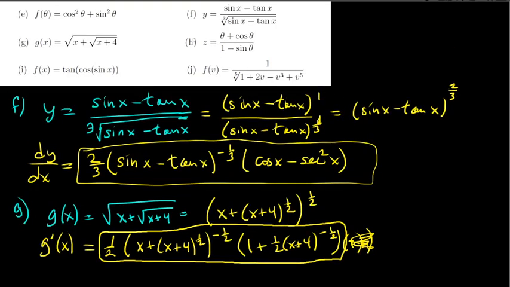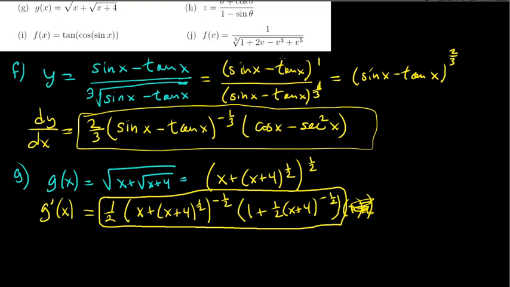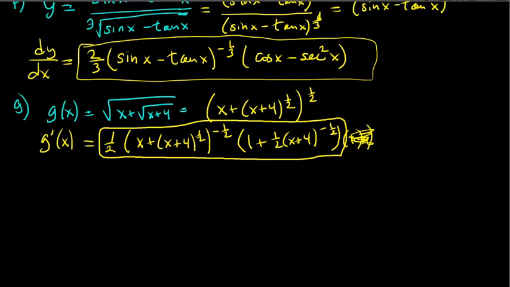H is theta plus cosine theta over 1 minus sine theta. Oh, plus in the numerator. Theta plus cosine.